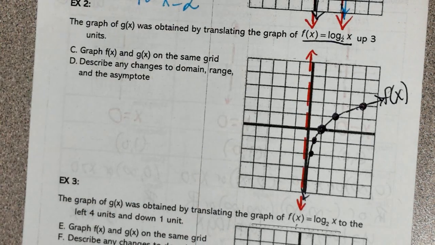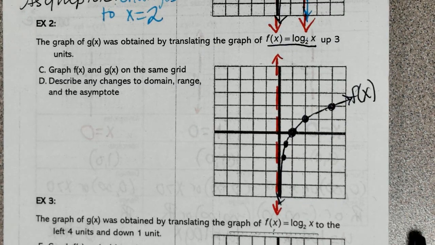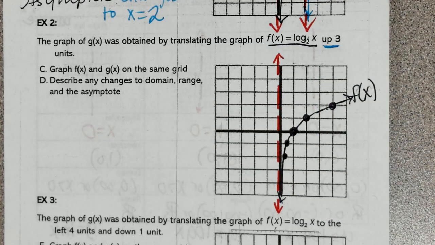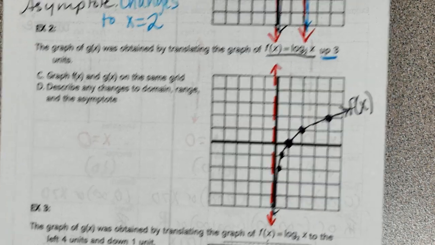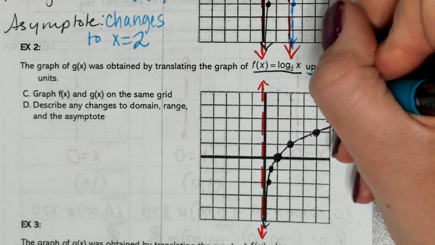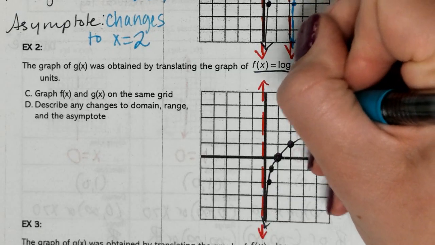Okay. All right, and then to make g of x, we're going to take these points and go up 3 units. So just like before, to do that, take each point and just move it up 3. Each point, 1, 2, 3.